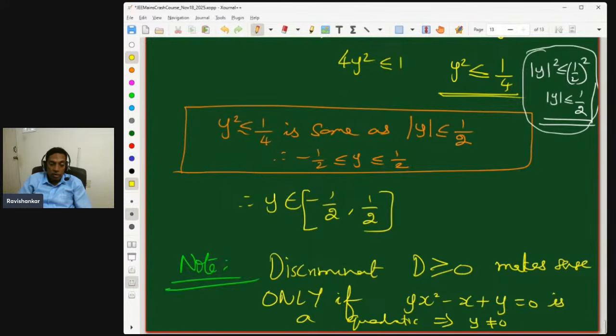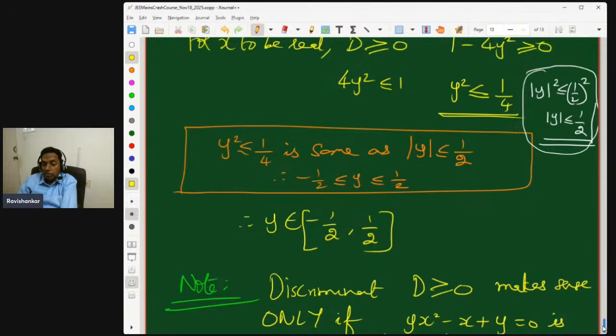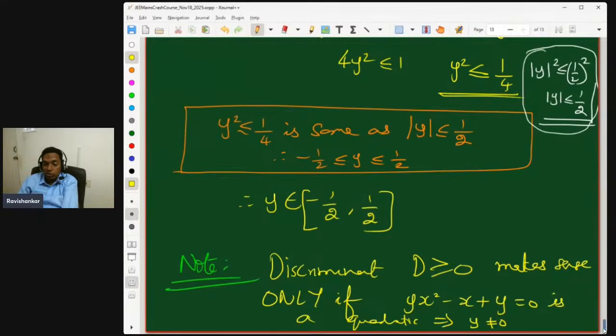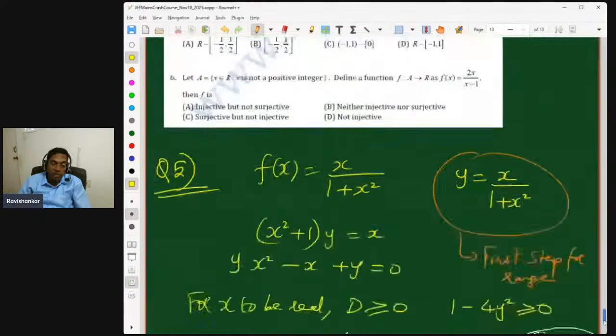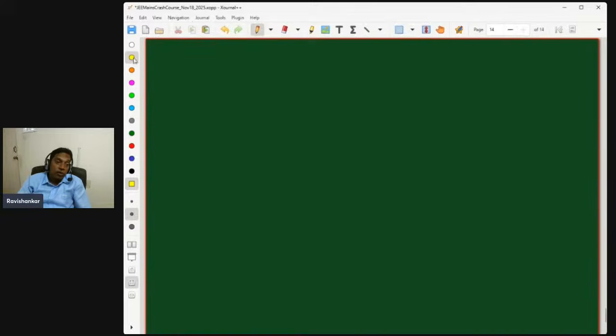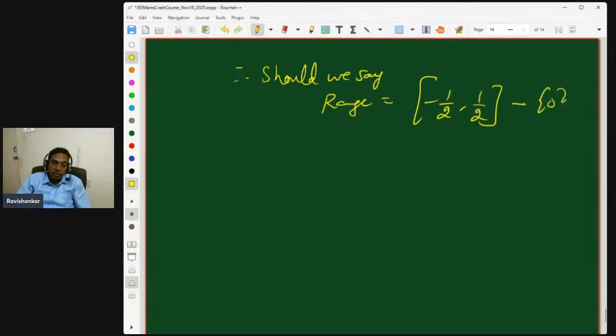This implies y not equal to 0, because if y is 0, it's not even a quadratic. Okay, so all this notion of discriminant etc. won't make sense. So therefore, should we say minus half to half minus 0? In fact, if that was one of the options, it would make sense. But that's not one of the options. Did JEE make a mistake? Maybe.